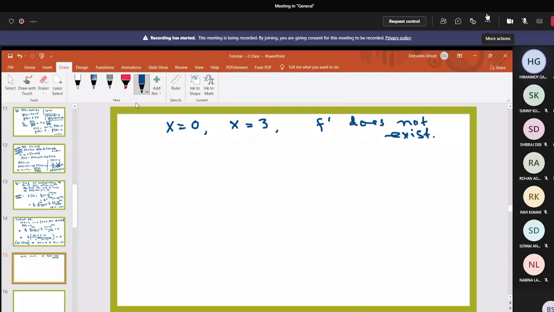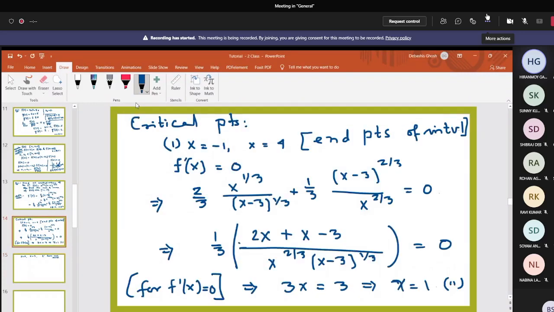Now to find the local maximum and minimum, as you know, we need to compute f double dash and check which one is less than 0, and then you can compute.